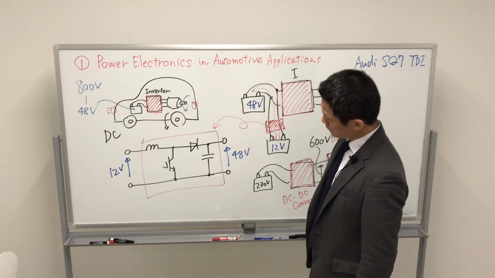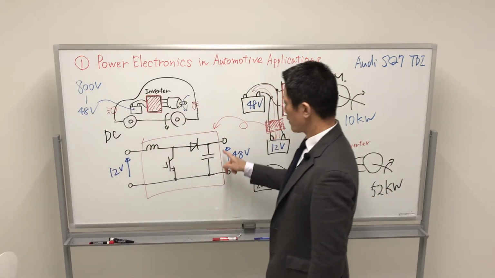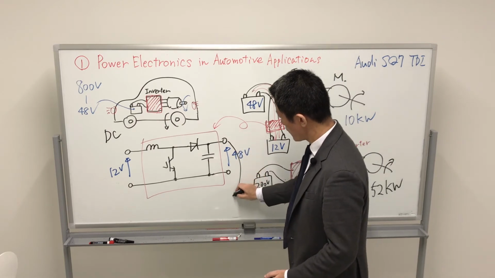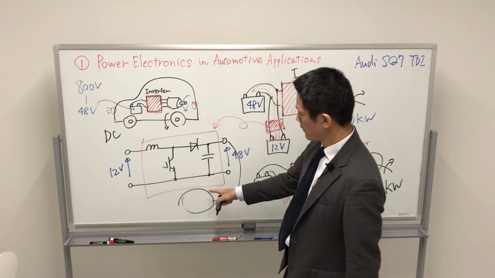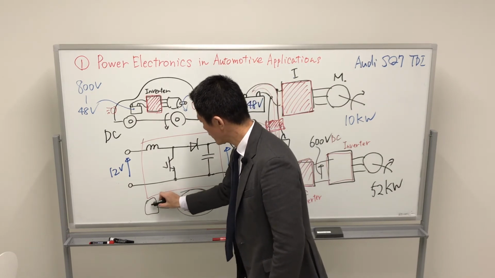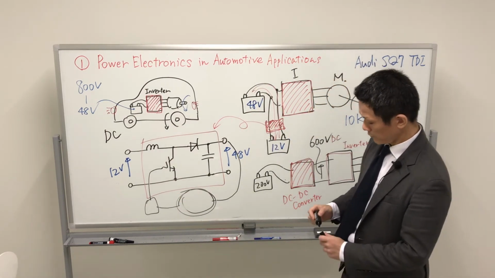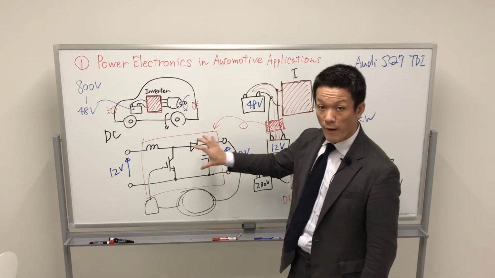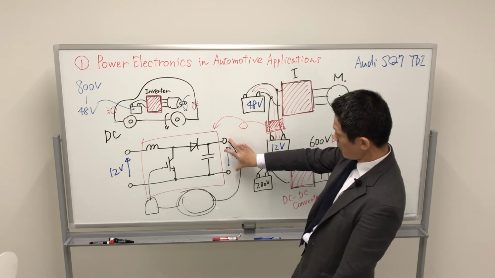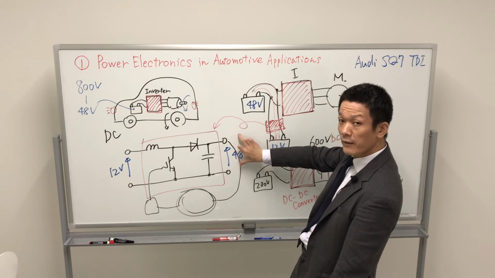But the real one has a feedback loop, a control circuit, and a drive circuit, connected like this. In a power electronic system, we must obtain a constant voltage on the output side.